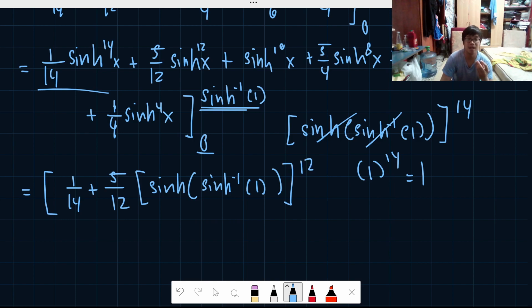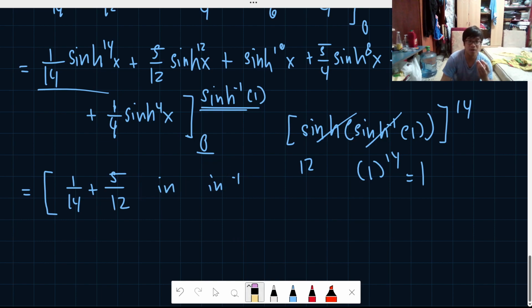Again, simply cancel out the sine and what's left is 1 raised to 12, which is 1. And 1 times 5 all over 12 is 5 all over 12. I think you already know what the answer is here.